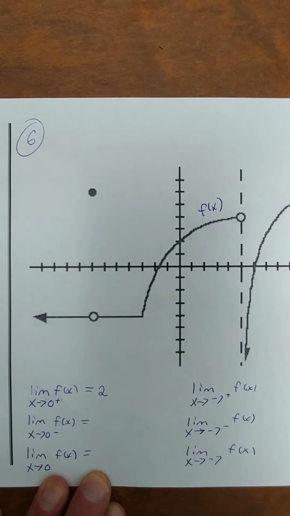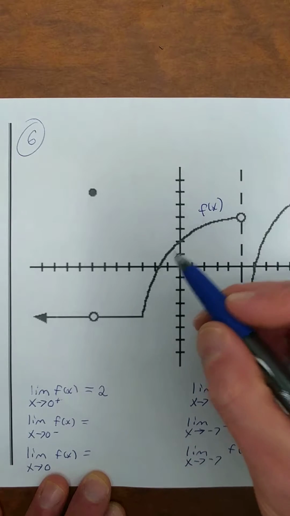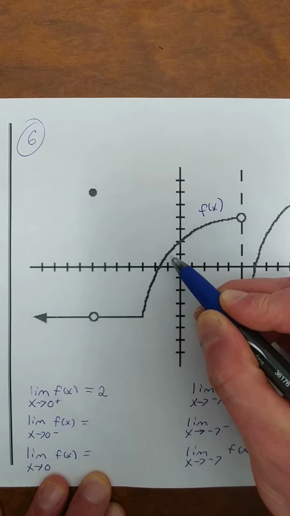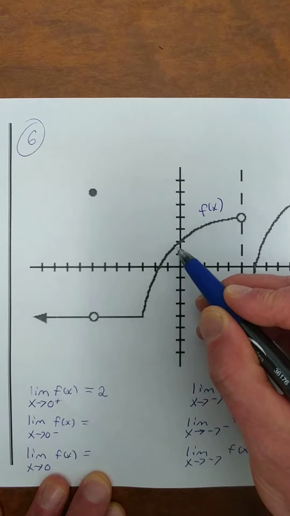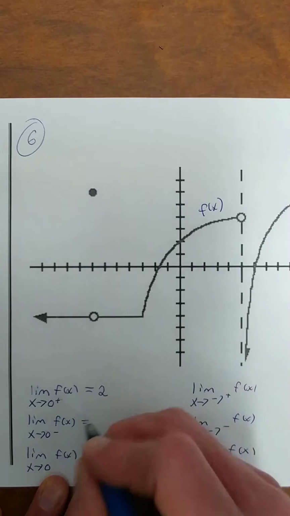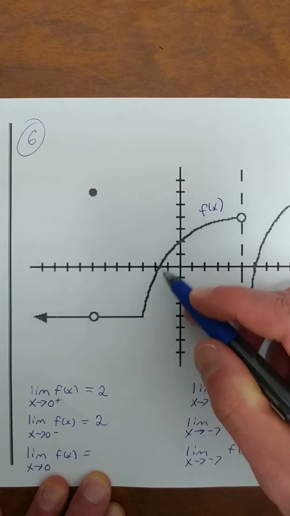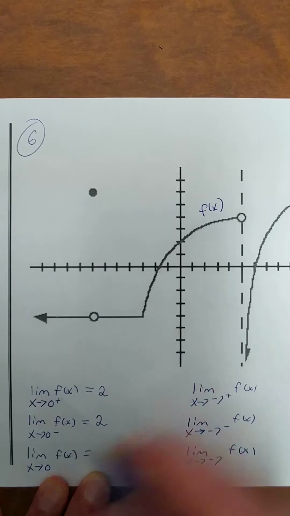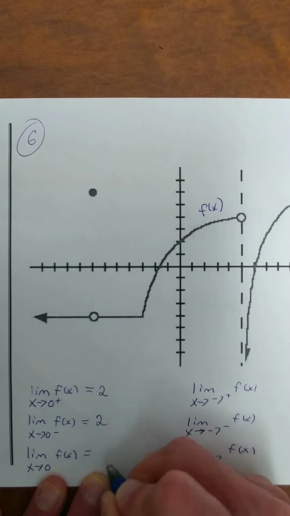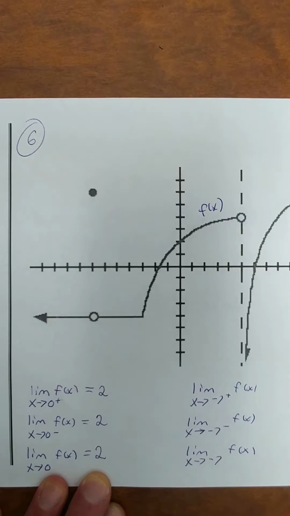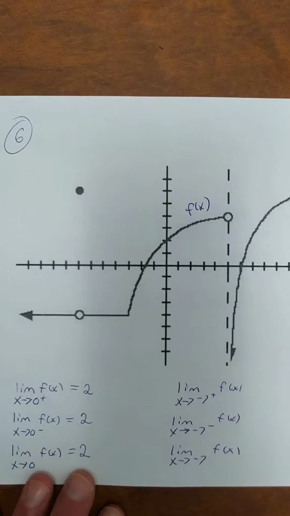So my limit approaching from the right is 2. It will also be 2 coming from the left, because notice the curve's coming up towards a y value of 2. So in both cases, as we come from the right and the left, we get a limit of 2. Those are in agreement. So my overall limit is 2.